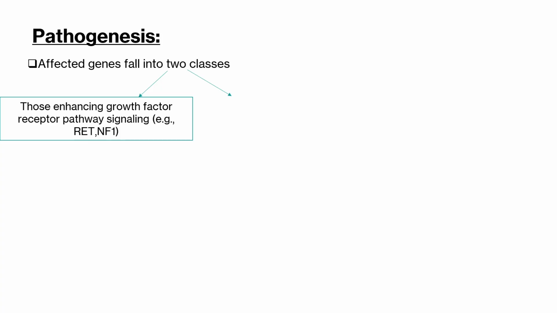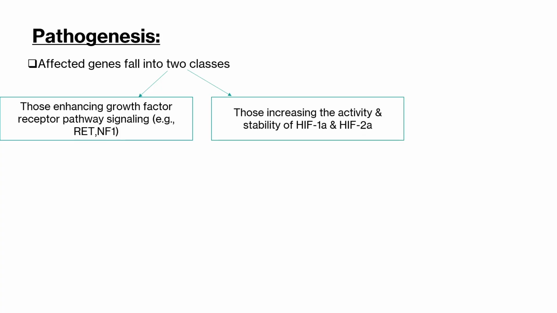The next type of genes are those that increase the activity as well as stability of hypoxia-inducible factor 1 alpha and hypoxia-inducible factor 2 alpha. This is the second category, where the affected genes directly affect the activity as well as stability or degradation of these hypoxia-inducible factors, HIF.